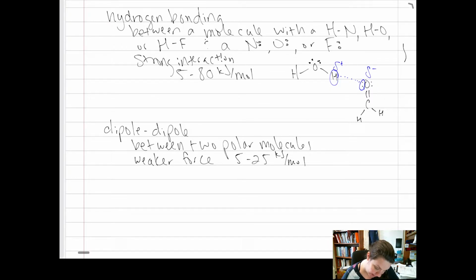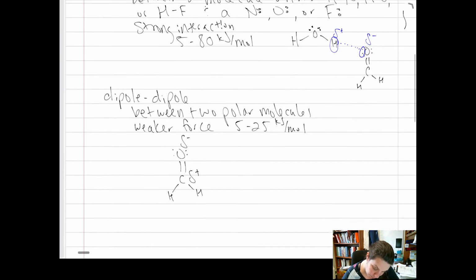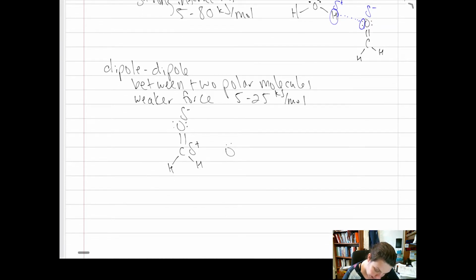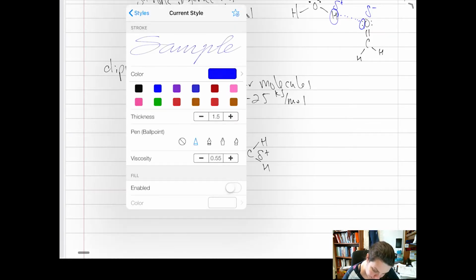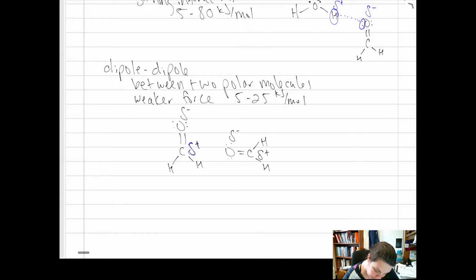So let's look at formaldehyde again. This is what formaldehyde looks like. It has a partial negative and a partial positive that will interact with another formaldehyde molecule, so this partial positive, this partial negative, like so.